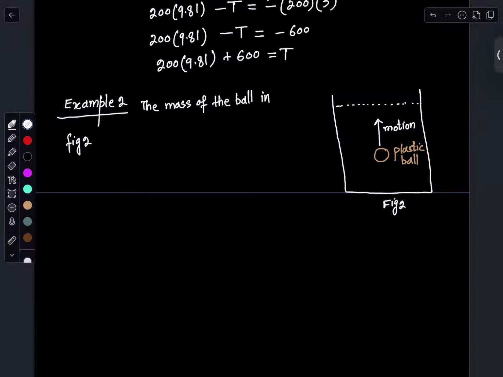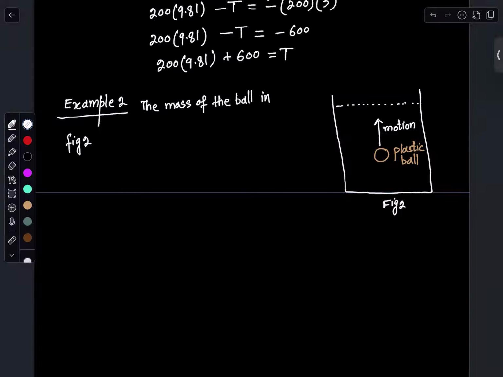Likho last example. Last example about F is equal to ma. In this example, you are given with an inclined plane, and this is a horizontal surface. This example is about an inclined plane. They have given you a ball, or you can say a ball or a box.